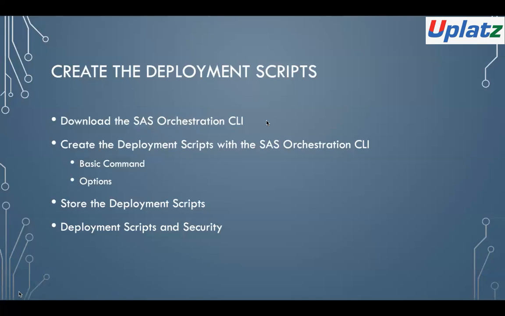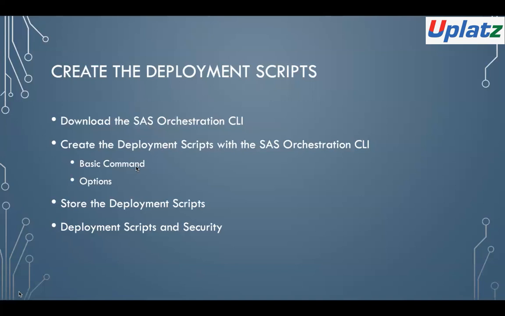Then once the SAS orchestration CLI is downloaded and uncompressed, you will create the deployment scripts with the SAS orchestration CLI. There are two options: one is the basic command, and then other options. If you do it with basic commands, you will first create the deployment script using the commands appropriate for your operating system.